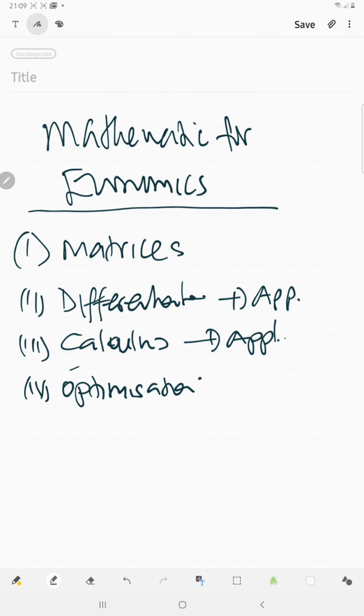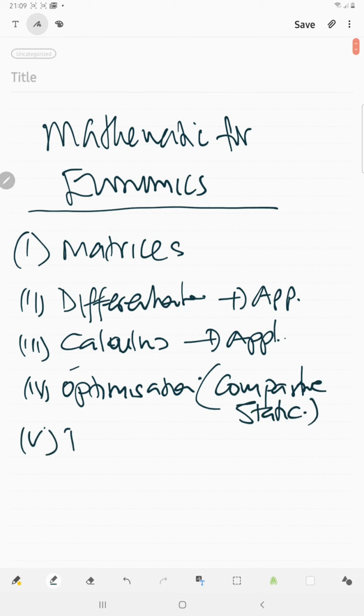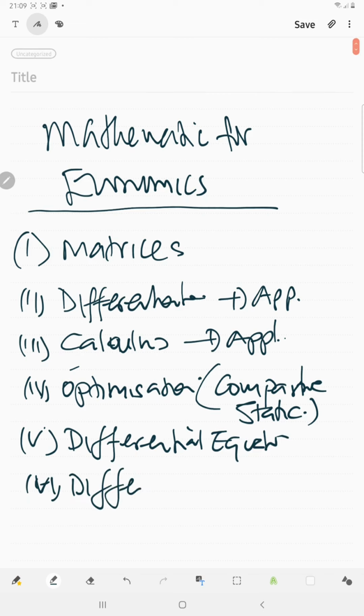and having discussed optimization, this is actually regarded as comparative statics, and then we'll look at differential equations, and then finally we'll look at difference equations.